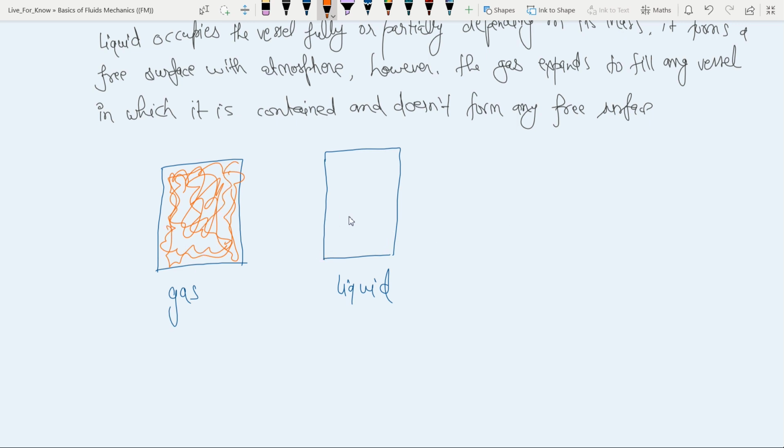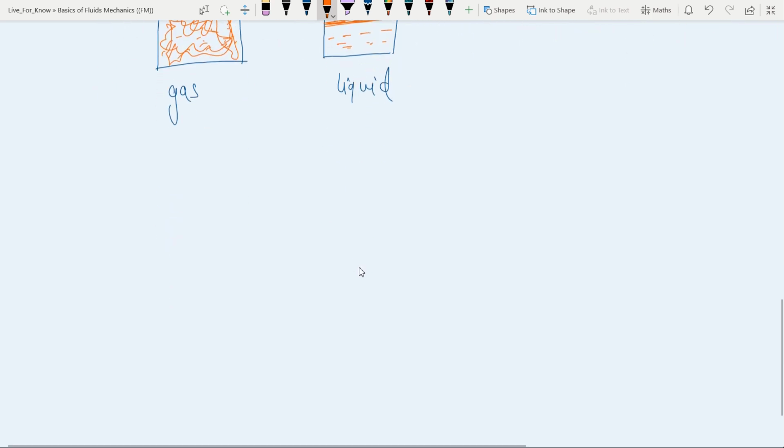But when we put some liquid in that vessel, it makes a free surface, which is in contact with the atmosphere. The gas doesn't, it expands all inside the vessel.